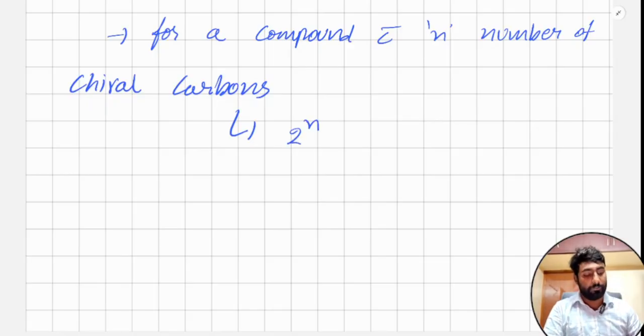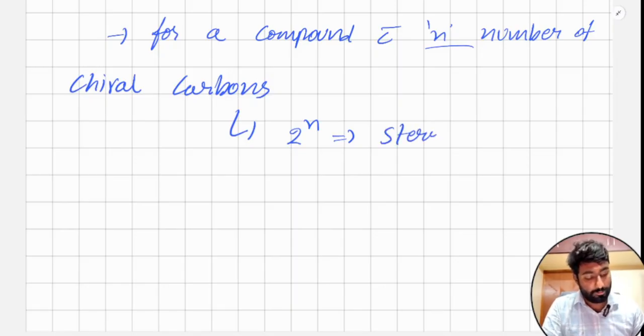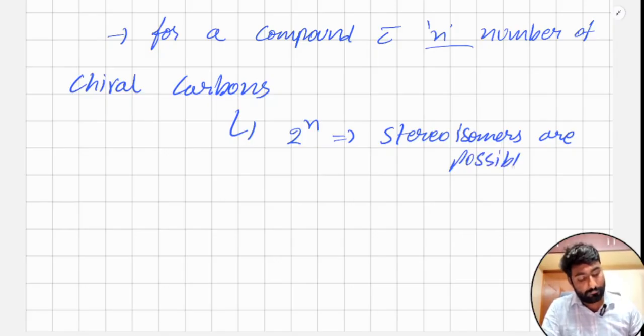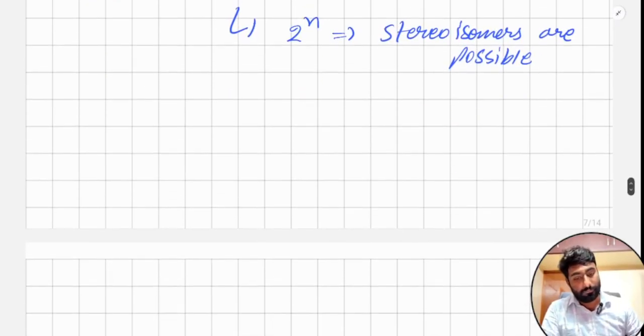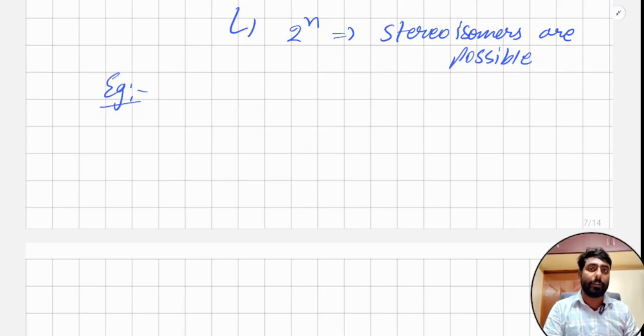If a compound has n chiral carbons, 2 power n stereoisomers are possible. If you take the example, how many chiral carbons does glyceraldehyde have, students?